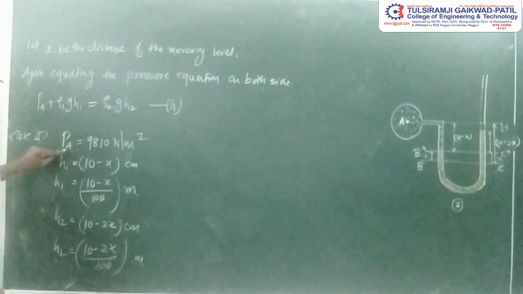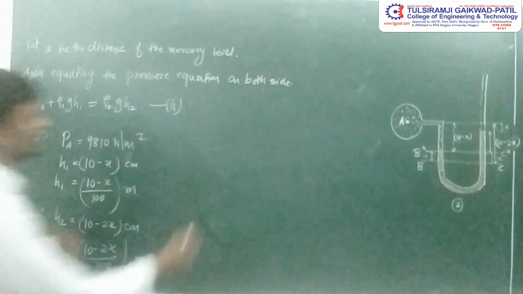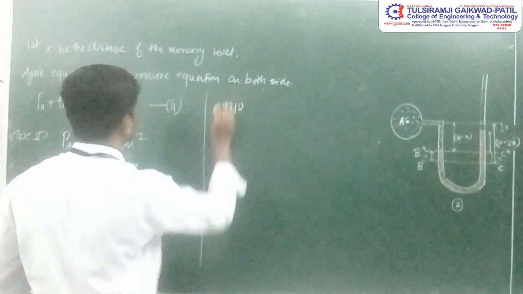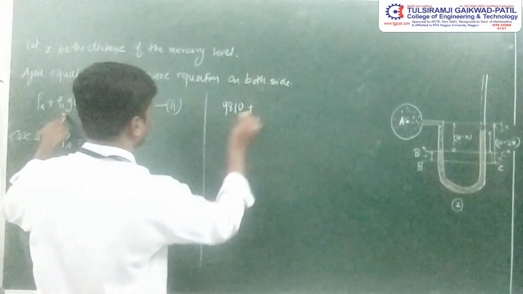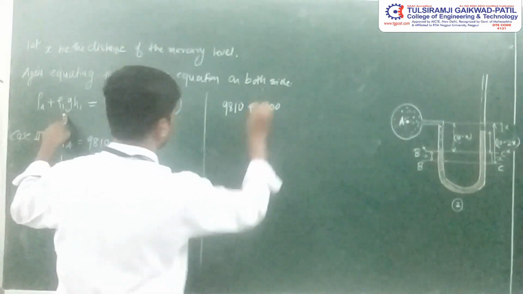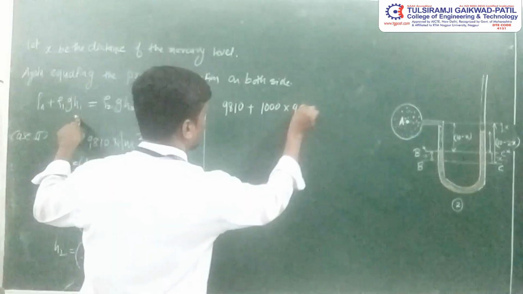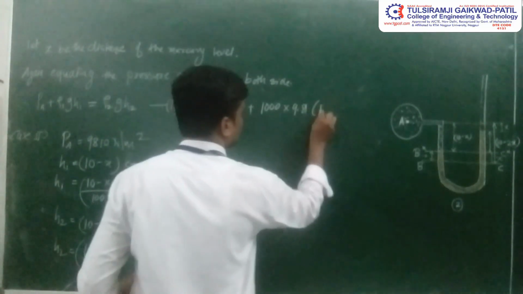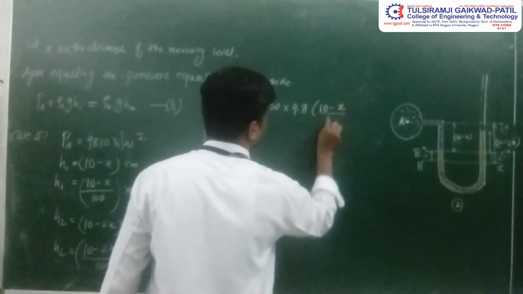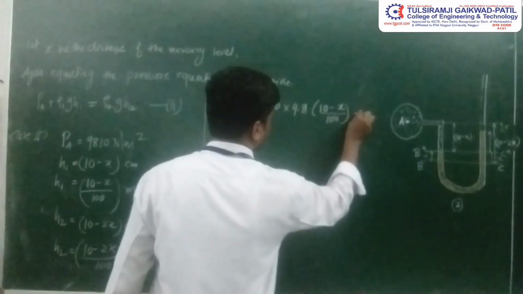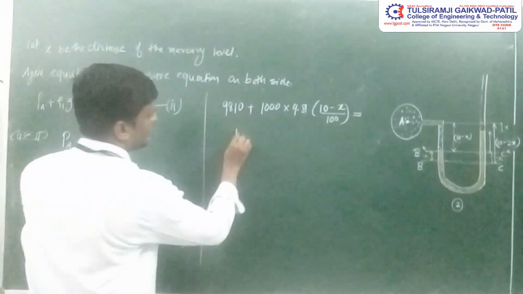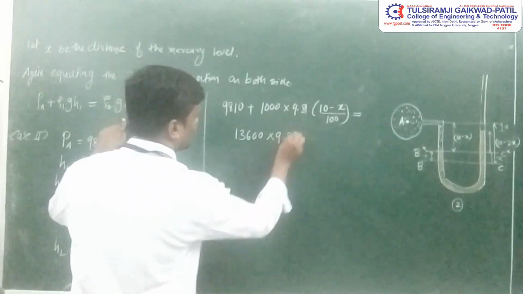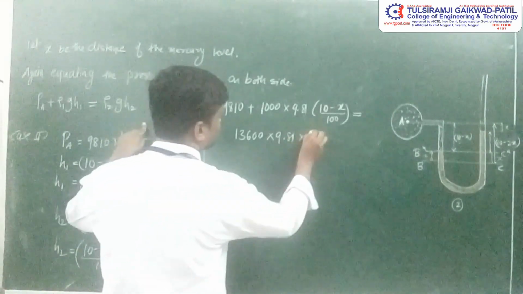Now after putting all these values in this equation, what remains? 9810 plus ρ1, which is 1000 for the water, into 9.81 into H1, which is 10 minus x upon 100, equals ρ2, which is 13600, into 9.81 into H2.